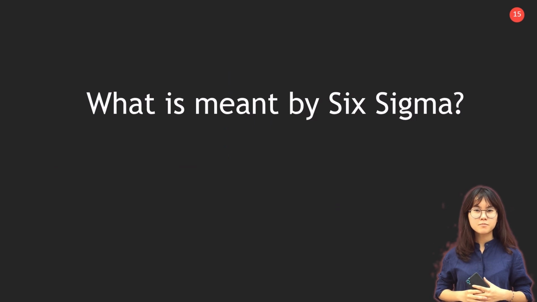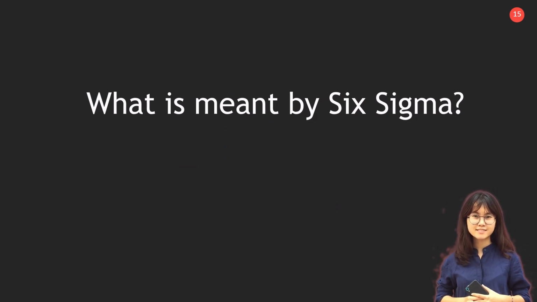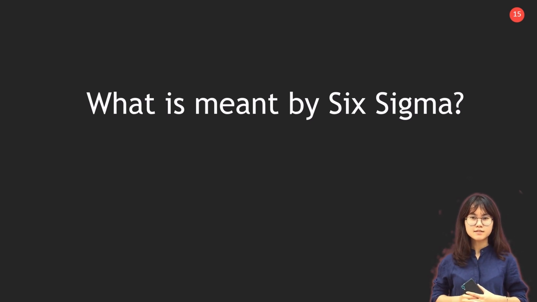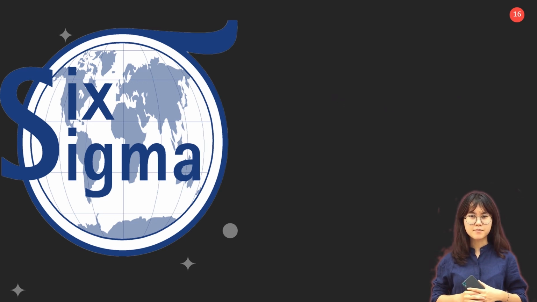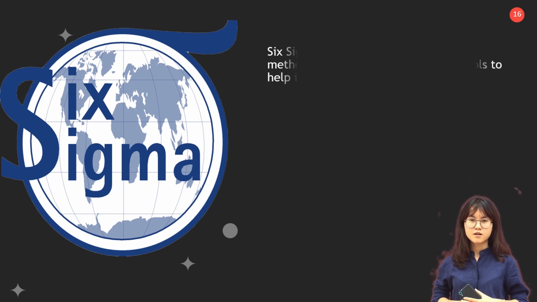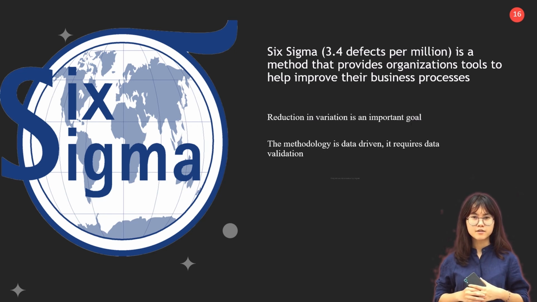Next, let's move to the last question of this video case. The question is what is meant by Six Sigma. Six Sigma in many organizations simply means the measure of quality which strives for near perfection.